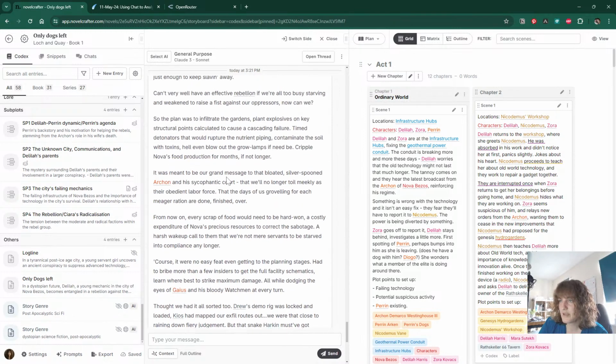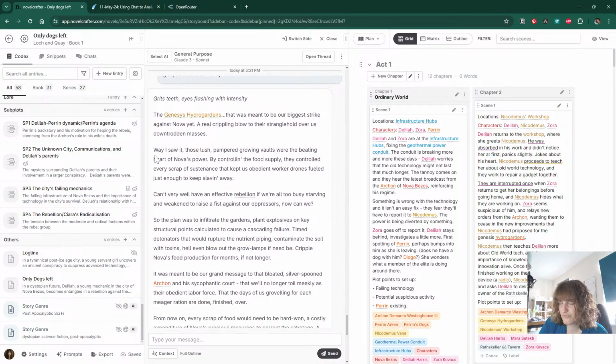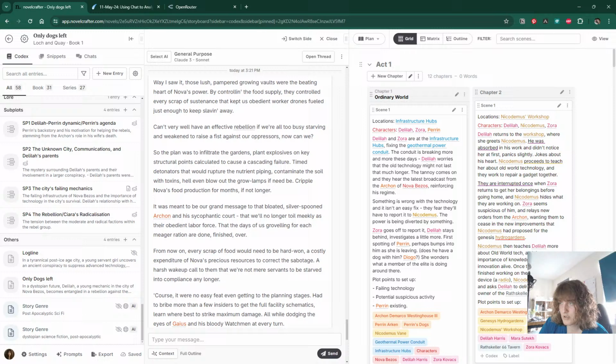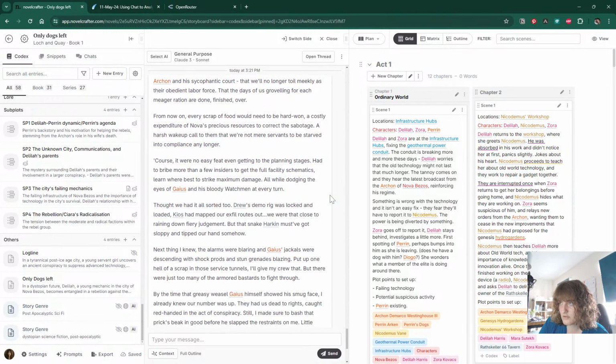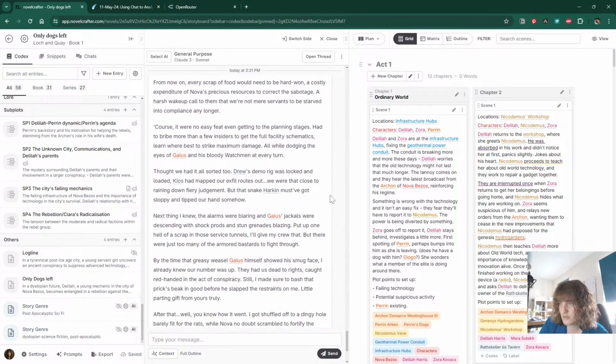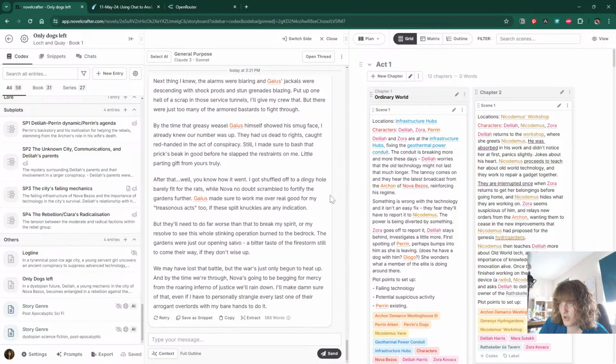Okay, let's see. What does she say that the plan is? Okay, so this doesn't quite work. This is more like what's going to happen towards the end of the novel.